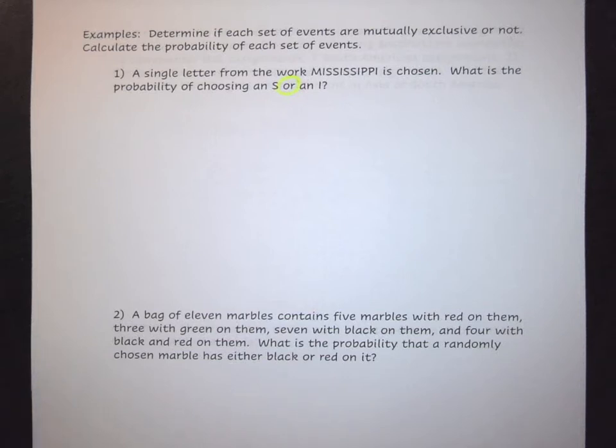Now that being said, we have to decide if it is mutually exclusive or not. So we're looking at choosing an S or an I. Well, S and I have nothing in common with each other. So these would be mutually exclusive, meaning at no point are they ever going to overlap.